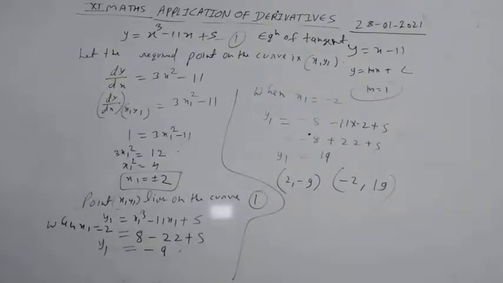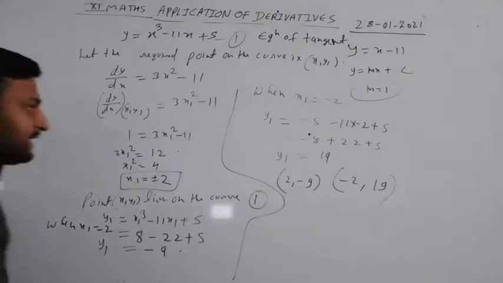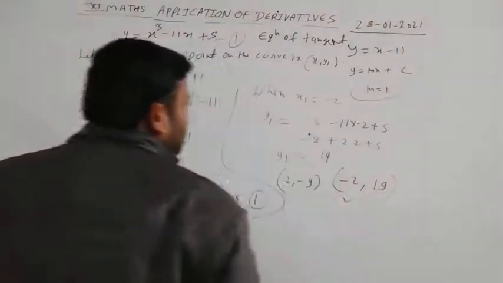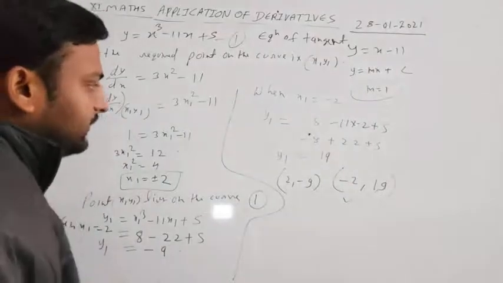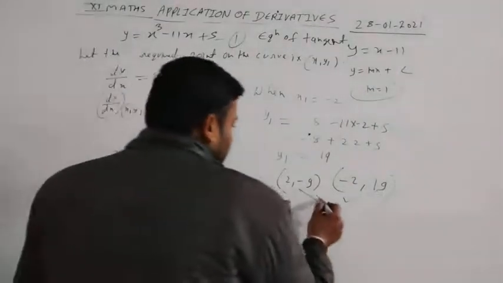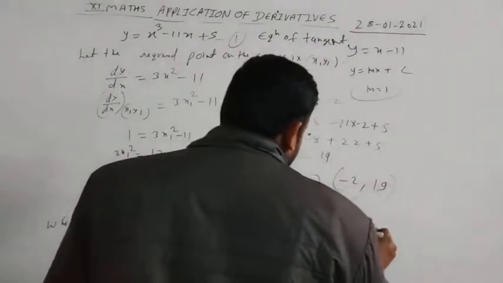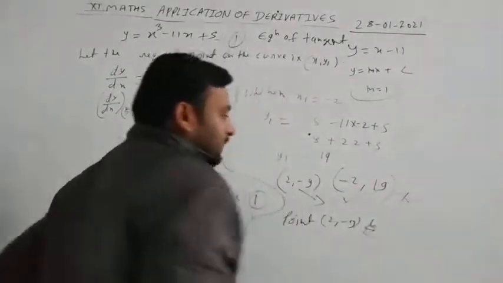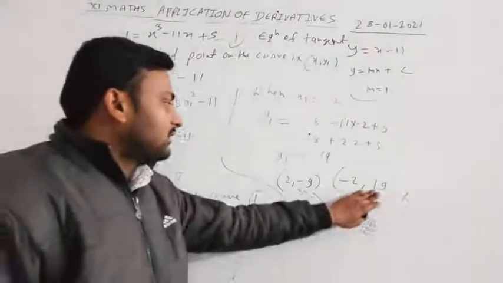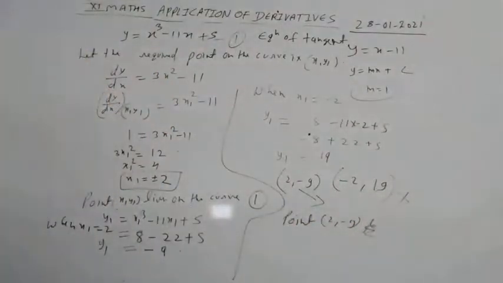So student, we are saying that this point does not satisfy the equation of line, so our point is (2, minus 9). This will be the answer, and this will not be the answer because it will not satisfy the equation of line.